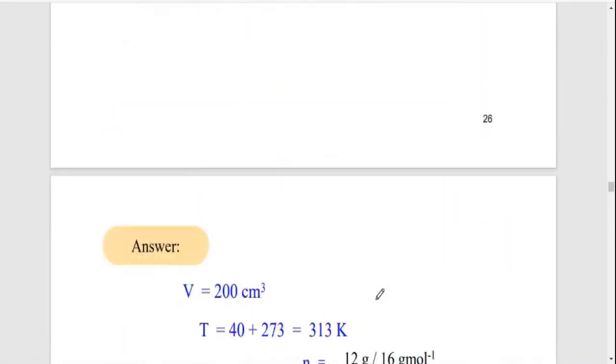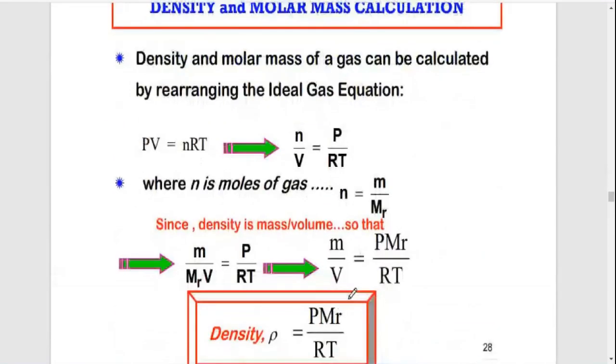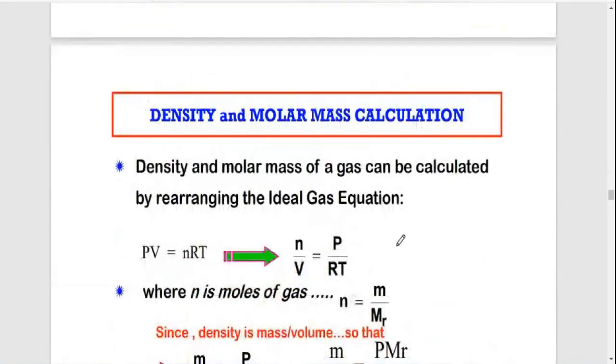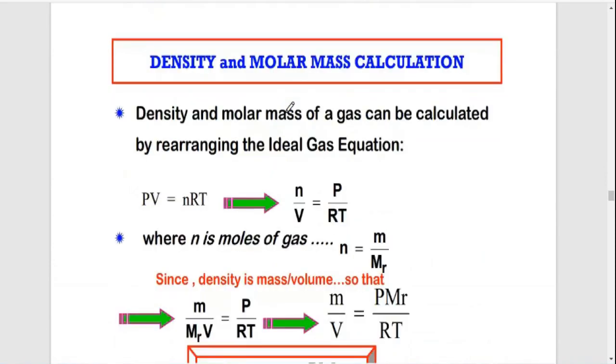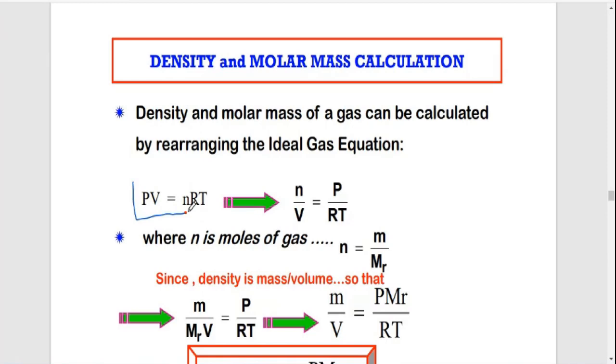Okay, next. Just now we mentioned, right, we can calculate the density or molar mass based on the ideal gas. How? First of all, this is the ideal gas equation. If you change to n over V, here n over V, and then you move the RT over here, so no more V, so P over RT. So what is n over V?